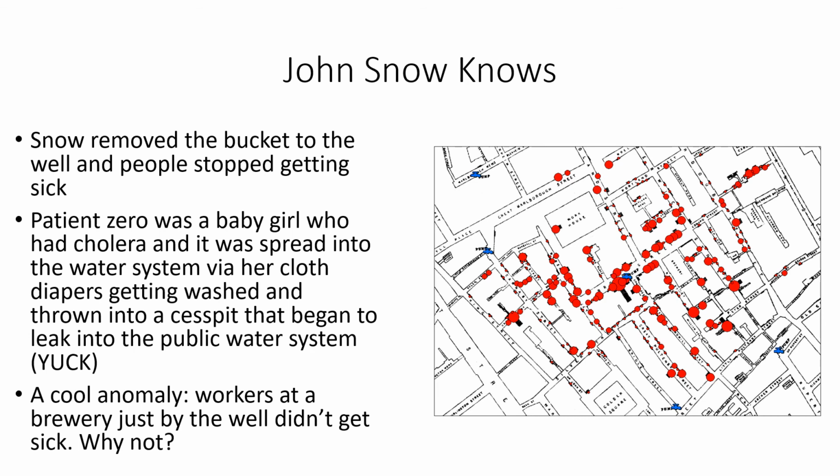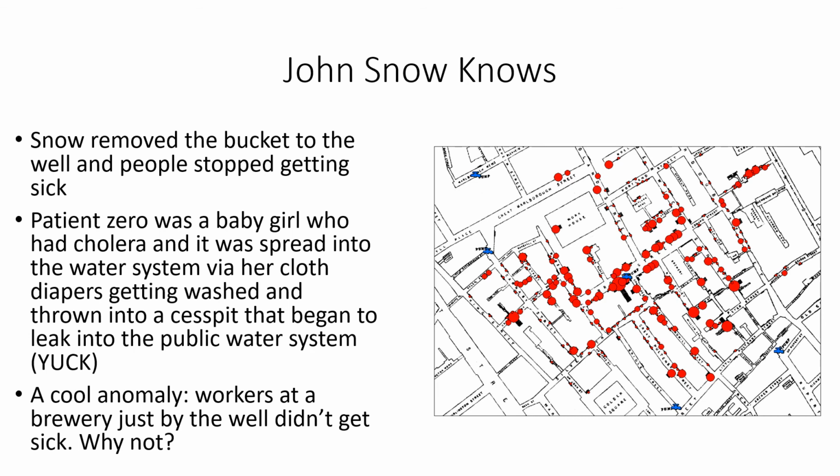And what happened is that the cholera from this little girl's diapers, from her fecal matter, ended up getting into the water system and into the well. Yes, that does imply that people were eating and drinking basically urine and fecal matter, but that's just sort of how it was at that time.